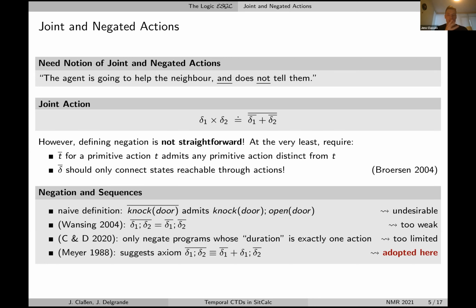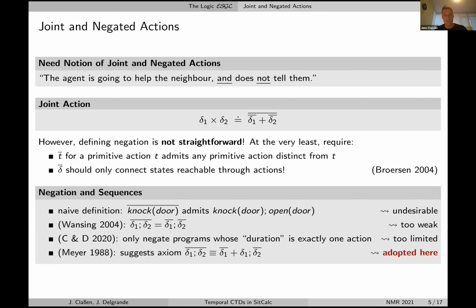But there's also very early work due to Meyer, who, among other things, suggests the axiom that if I want to execute the program not delta 1 followed by delta 2, this should mean that I either don't execute delta 1, or if I do execute delta 1, then I better follow it up with something that is different from delta 2.